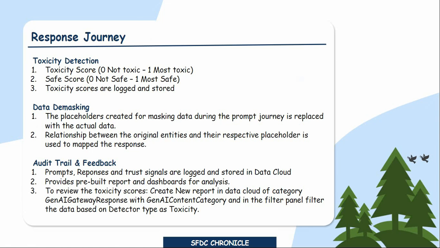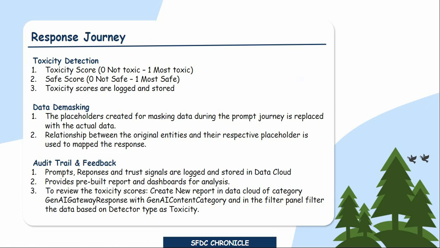The user using the prompt should be able to see the data, the credit card data, the company name, the username, everything. So that's why the Einstein Trust Layer demasks the data. How does it demask the data?